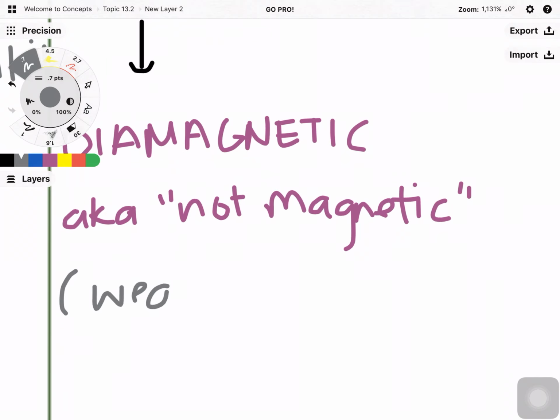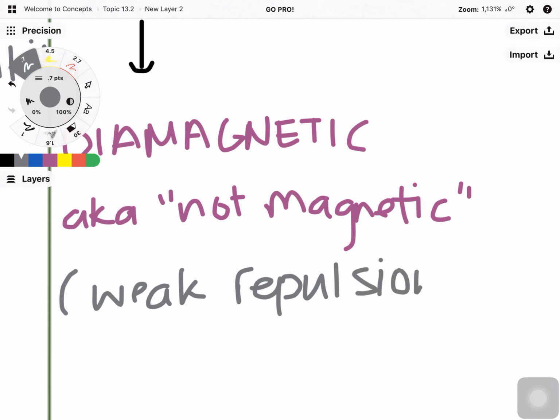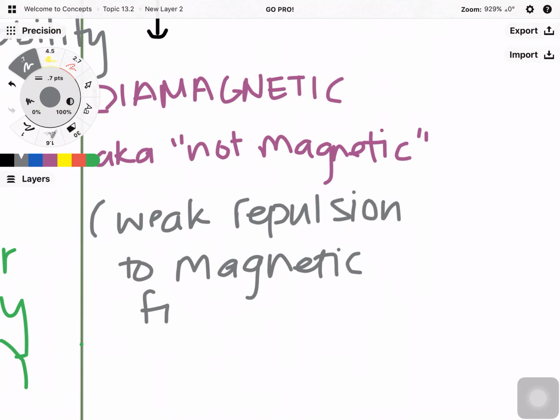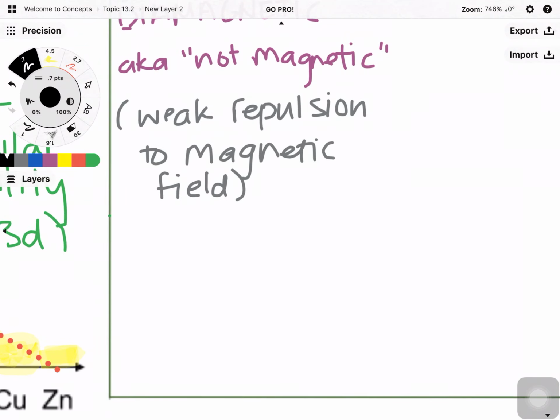So there's a weak repulsion when these diamagnetic particles are exposed to a magnetic field. An example of a diamagnetic substance might be something like zinc. Although zinc isn't a transition metal, it is an example of a diamagnetic substance.